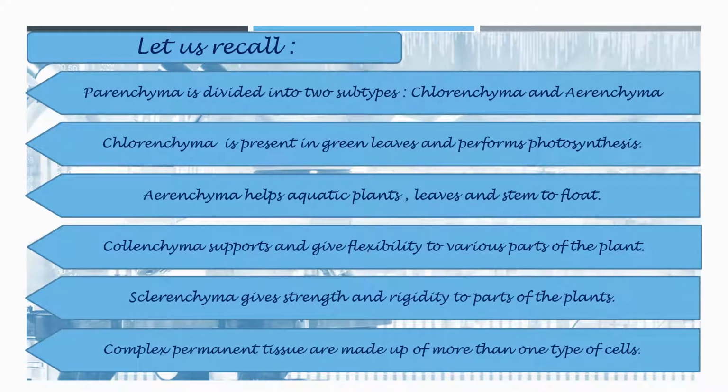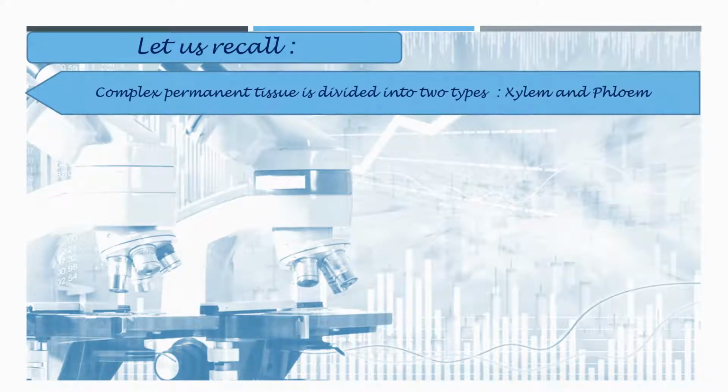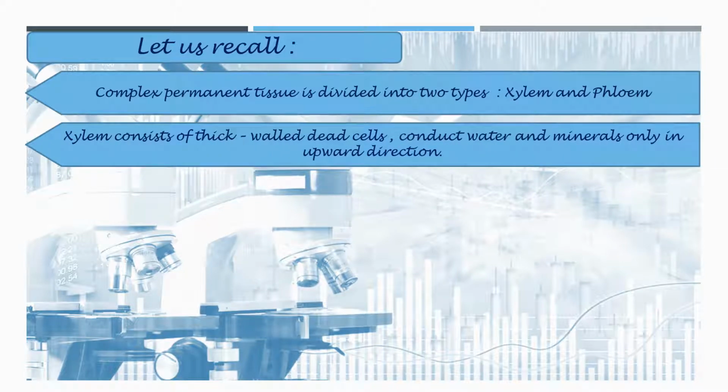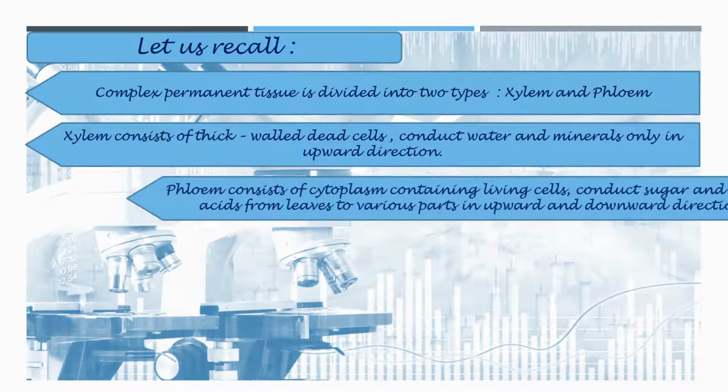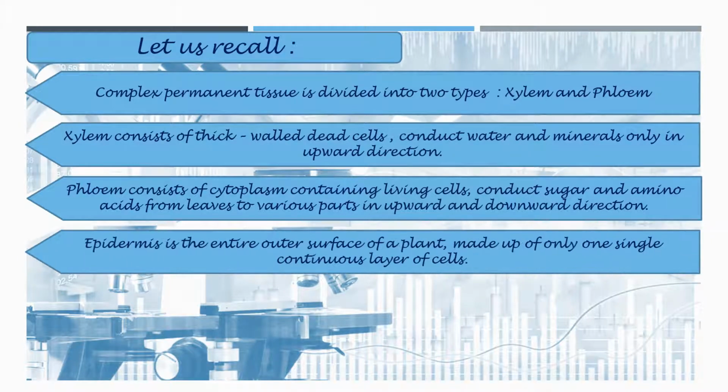Complex permanent tissues are made up of more than one type of cells. Complex permanent tissue is divided into two types, xylem and phloem. Xylem consists of thick-walled dead cells and conducts water and minerals only in the upward direction, whereas phloem consists of cytoplasm-containing living cells and conducts sugar and amino acids from leaves to various parts in upward and downward directions.